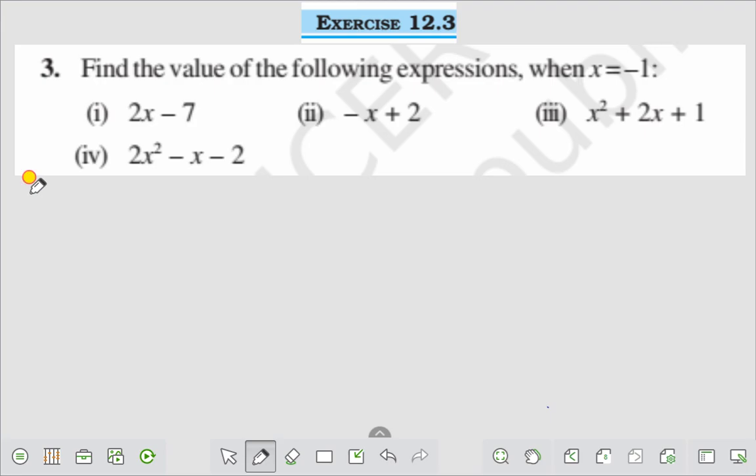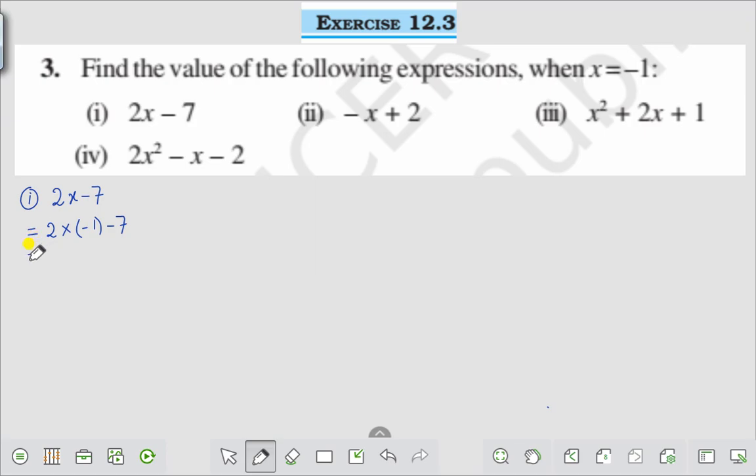Number 1 is 2x minus 7. The value of x is equal to minus 1. So we can write it here as 2 into minus 1 minus 7.